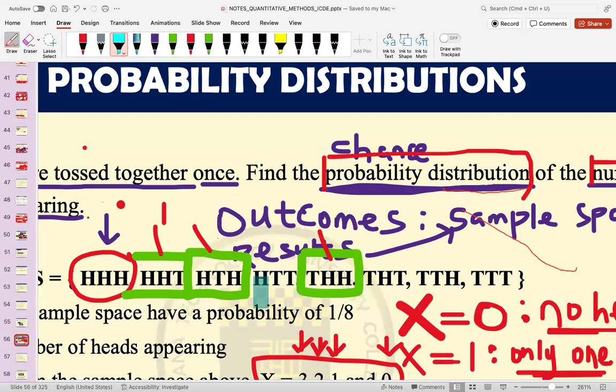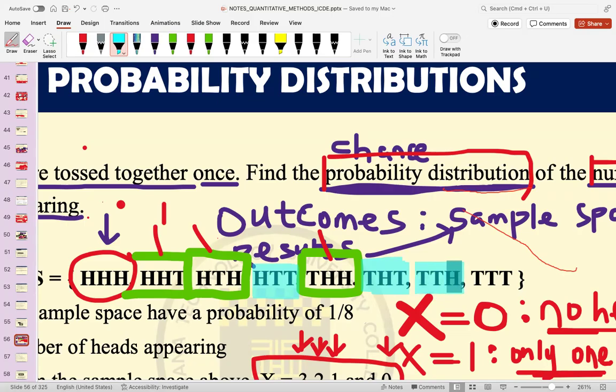I see one head here, HTT. I see another one head here, THT. I see another one head here, TTH.